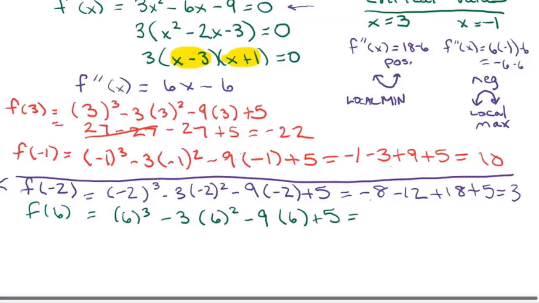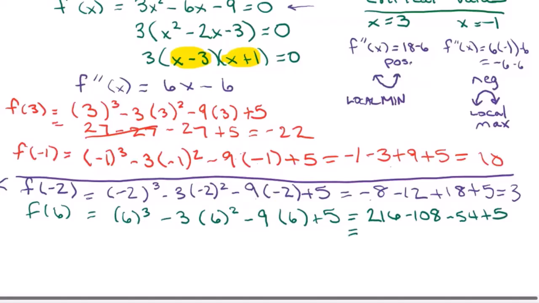So 6 to the third power is 216. Then we have 3 times 36, which is 108, and it would be negative 108. We have minus 54 plus 5.